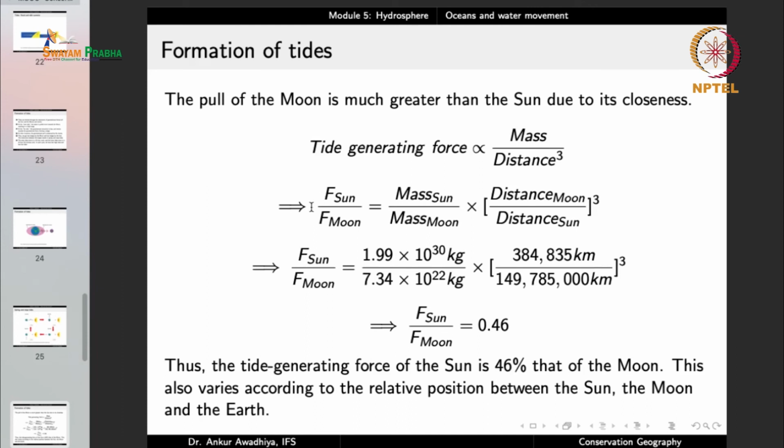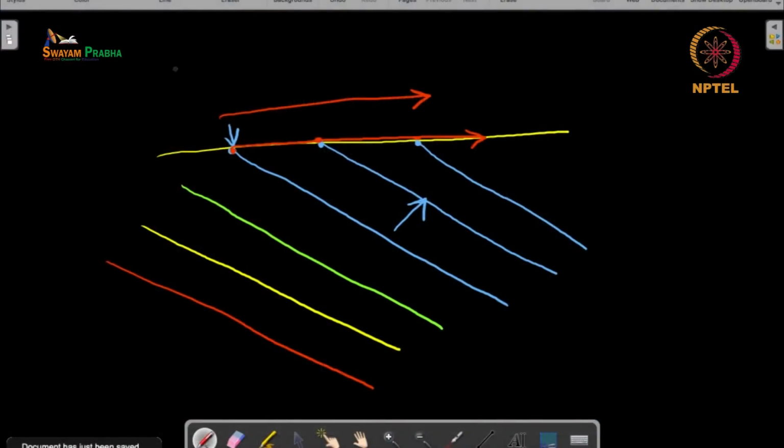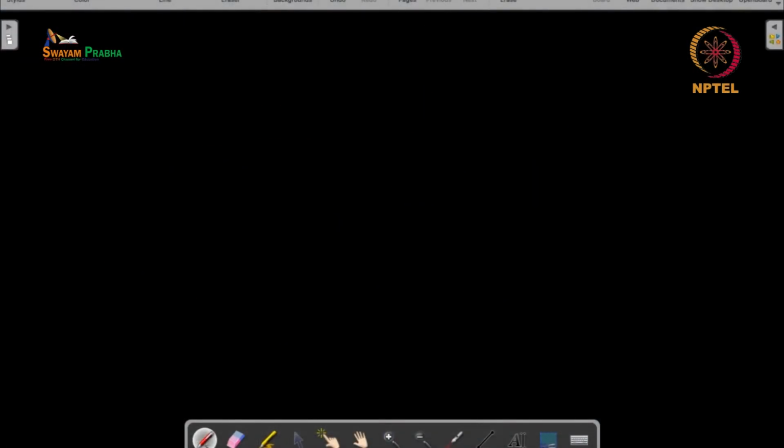So the force of the sun divided by the force of the moon will be given by the mass of the sun divided by the distance of the sun from the earth to the power 3, whole divided by the mass of the moon divided by the distance of the moon to the power of 3. What we are saying here is that the force is equal to mass divided by distance cube.